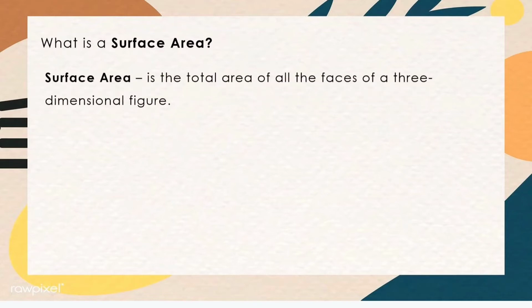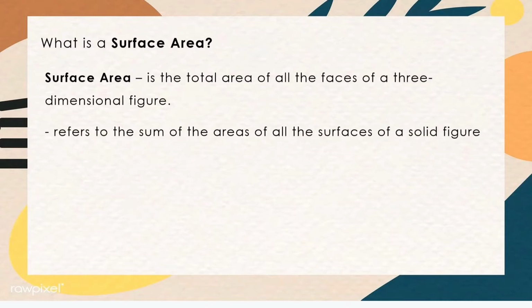Let us identify what a surface area is. Surface area is the total area of all the faces of a three-dimensional figure. It also refers to the sum of the areas of all the surfaces of a solid figure. Solid figures are figures made from different plane figures.